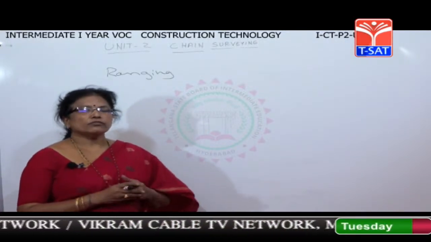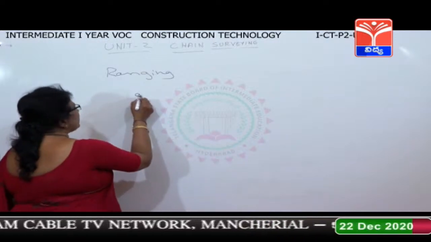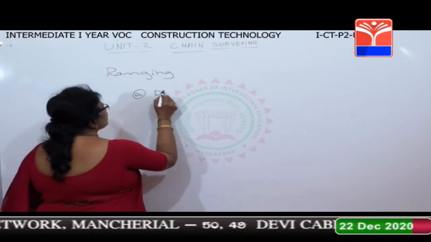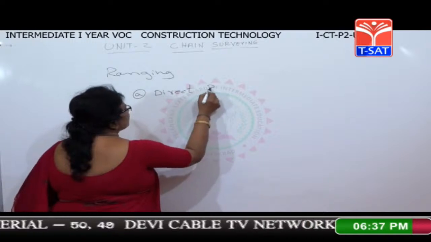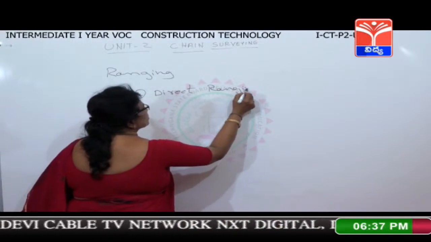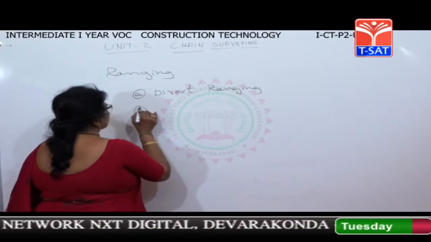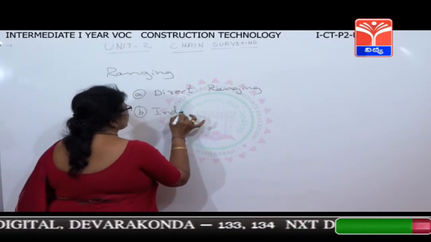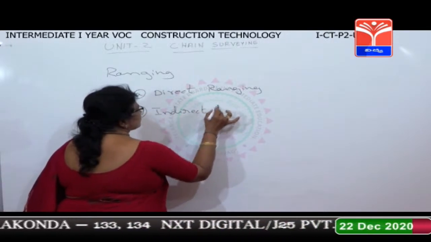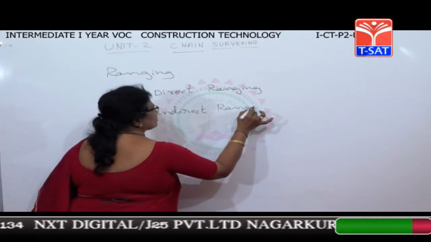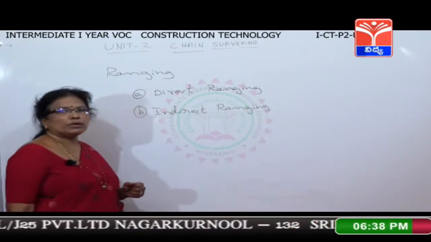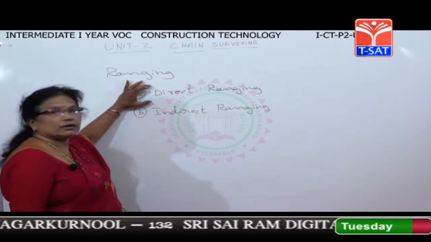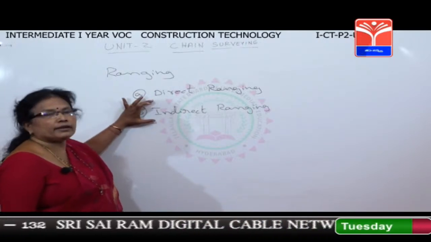Ranging is of two types: one is direct ranging and another is indirect ranging. Two methods are there, direct ranging and indirect ranging.